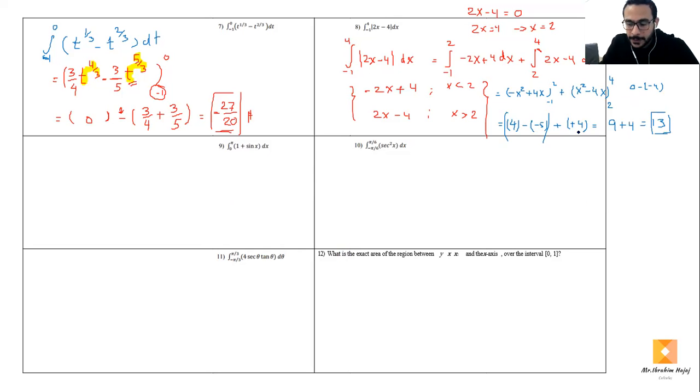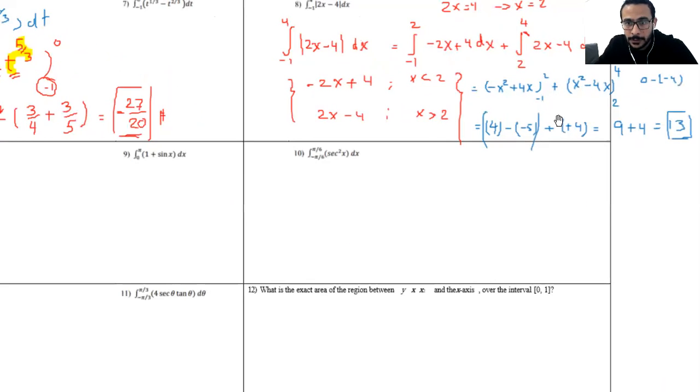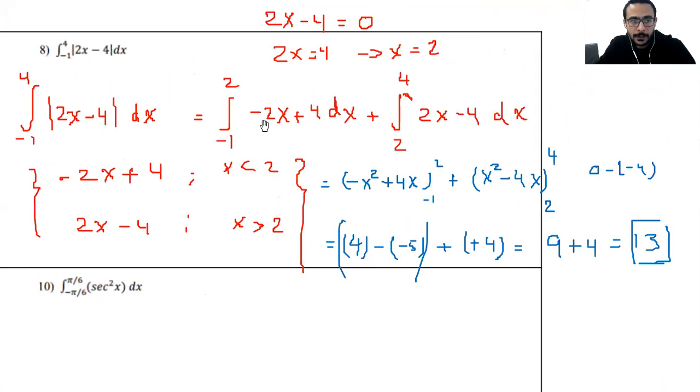Excellent. So here, guys, in this question, pay attention. We have the absolute value of a function. You should really find the turning points. The graph of 2x minus 4 is V-shaped, and the sharp point is at x equal 2.